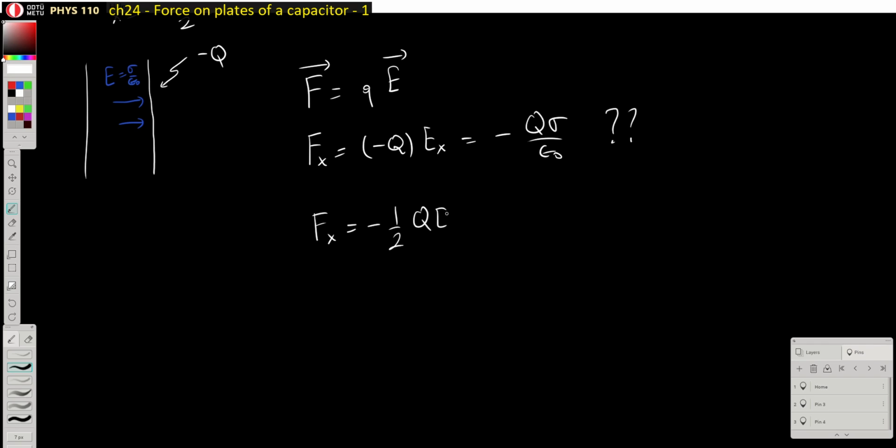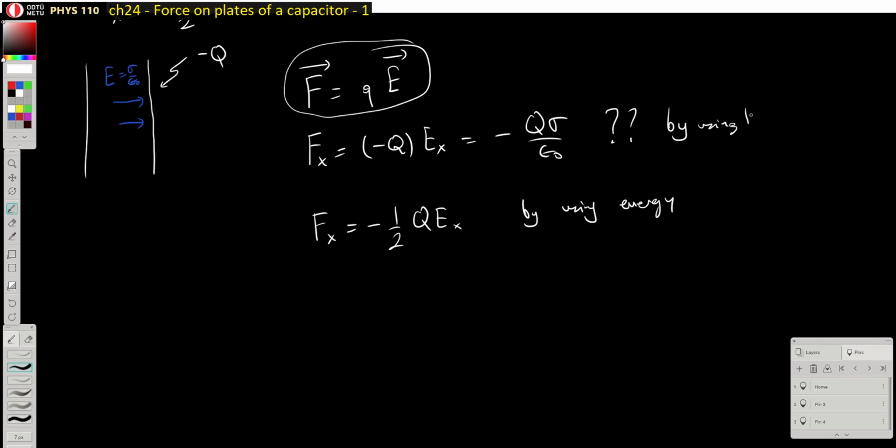In one case, I get 1/2 of charge times electric field in the leftward direction, let's say by using energy. But by using this expression in here, we get this. And the question is, why do I get two different expressions in here?